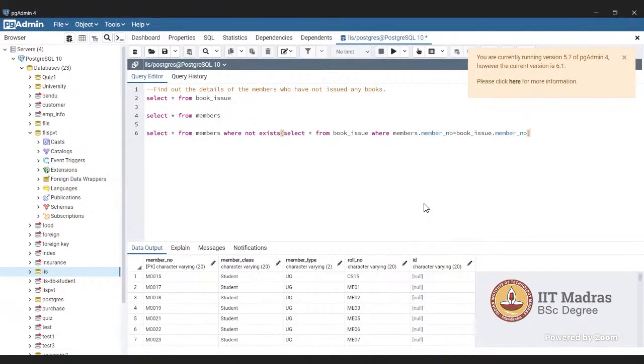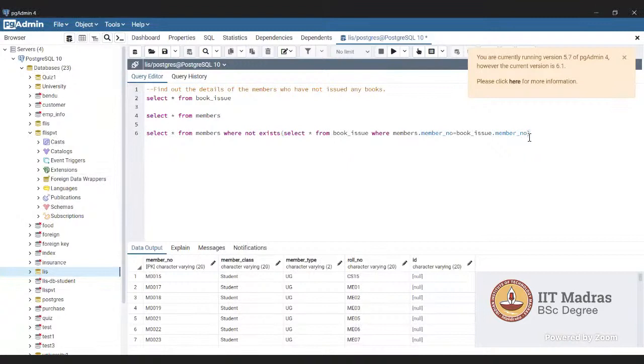I am pasting my code in the chat box, once you see. Okay, this is a so long query. I didn't think of using not exists.